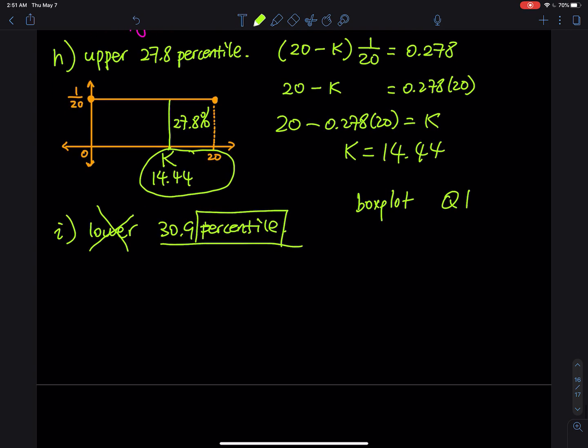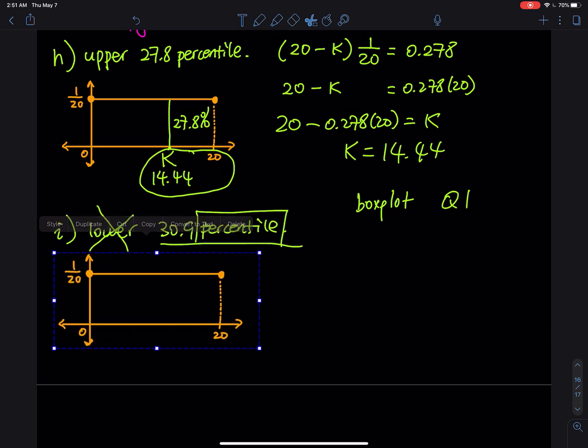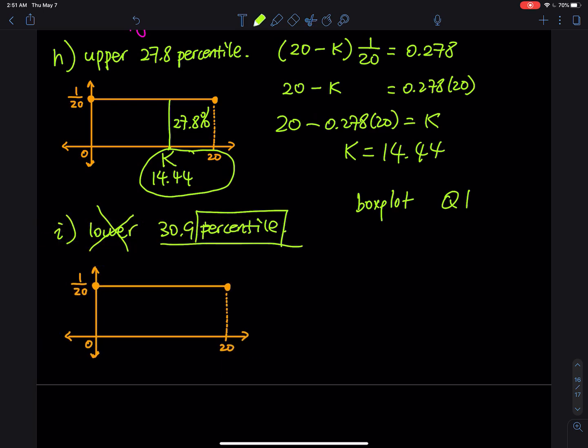All right, so we paste the picture one more time to save me a little bit of time, and then we cut 30.9% on the left. Without the word upper, it is always the left, and then this is the quantity that I am looking for. So I have k minus 0 times 1 over 20 equals to 0.309. So k minus 0 is k, and then you multiply 20 on both sides.